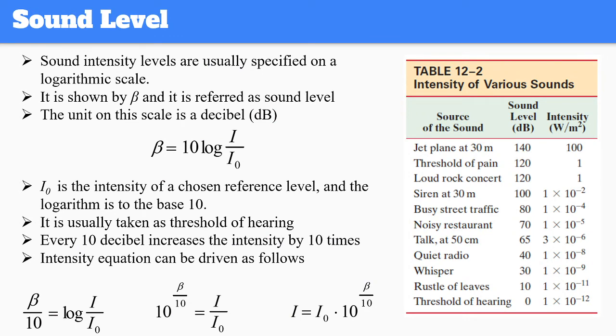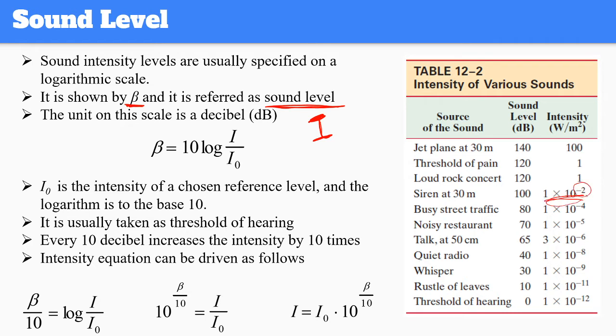And sound level is another way to describe intensity, actually. It is shown by beta. One of them is sound intensity, shown by I, but I is changing on a different scale. If you would like to double your intensity, for example, you don't just multiply it by 2.